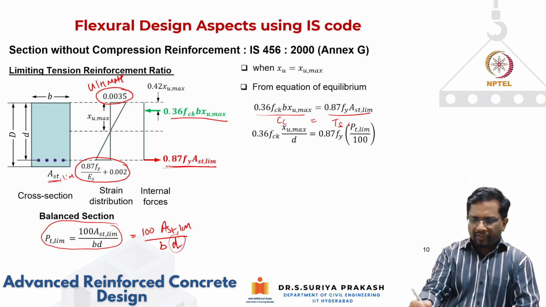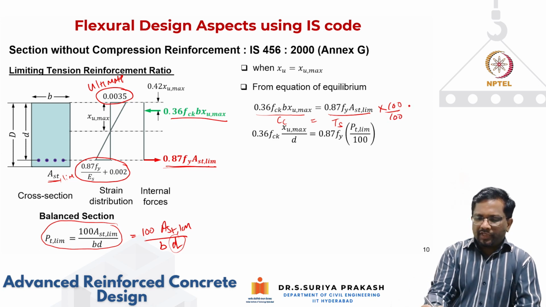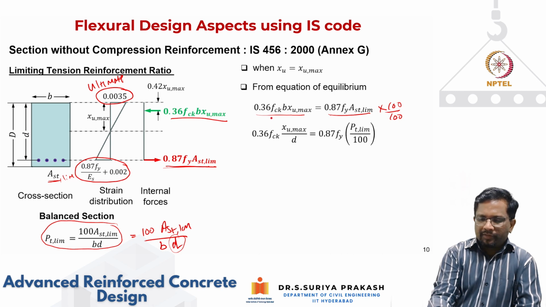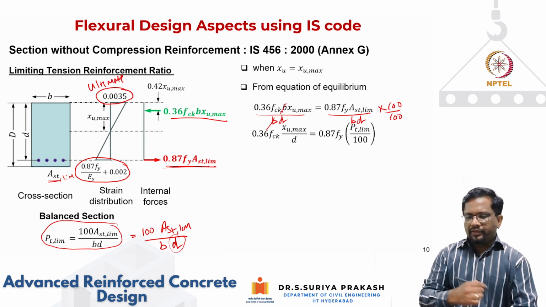So we know that PT limit is, so I can divide this by 100, right? And then on both sides, I can divide them by, let's say, BD. When I divide both sides by BD, there is no change, right? So then what will happen? This and this will get cancelled, right?